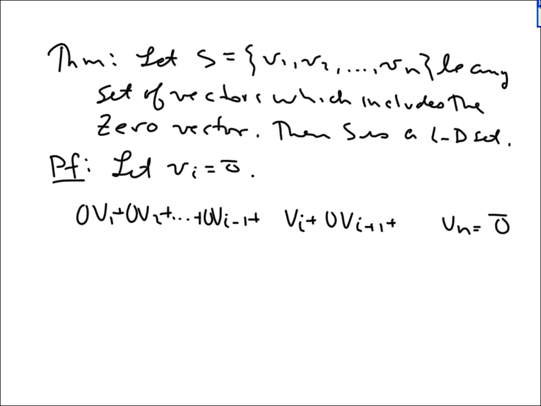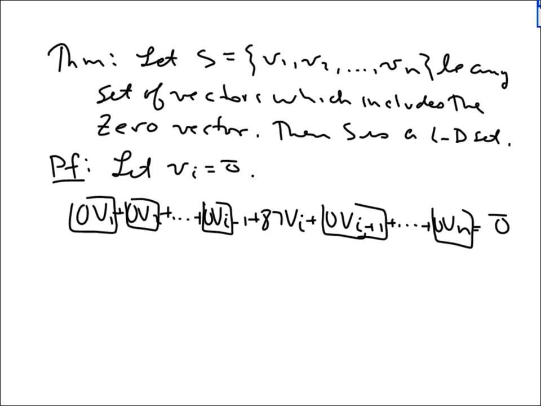Let all these coefficients be 0, except the one in front of Vi. Let's let it equal 87. Well, think about it. This is a 0 vector. 0 times any vector in a vector space is 0. 0 times this vector is 0.